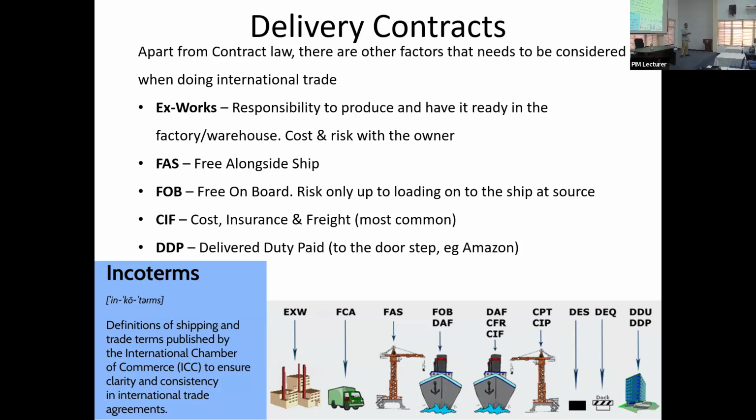Then CIF, which is the most common one: I will put it onto the ship and I will insure it and I will send it to you. You collect it at your end, but make sure the banks are able to pay me. So you open an LC or whatever. CIF, most common. So they will insure it as well. The new one we use is DDP, which is delivered duty paid.